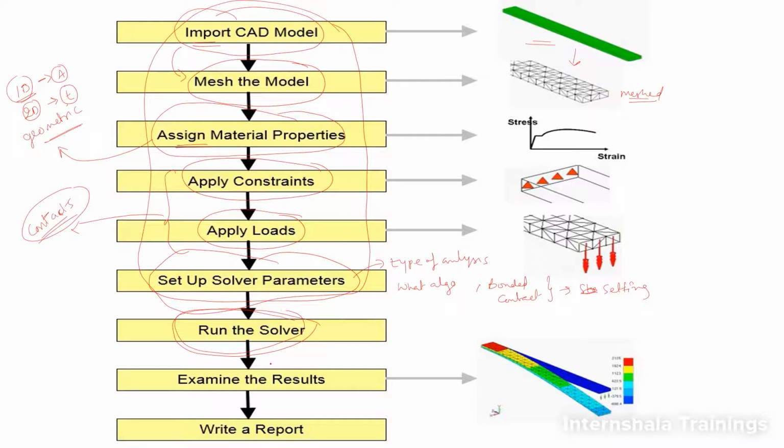Based on the results that we requested, it gives us the results in that particular format, and we examine the results as a CAE engineer. Suppose we are satisfied with the results, we create a report and send it to our clients or whoever the next person is that we need to send this information to.